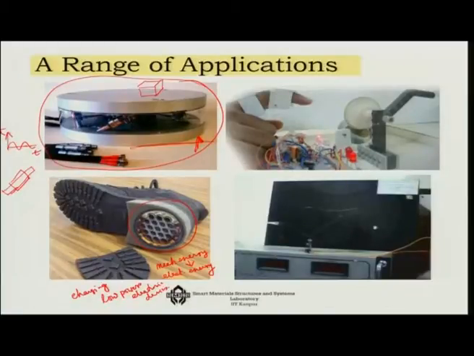For example, this one is not very clear, but it is like a butterfly wing, and if you apply temperature, you will see that this wing flaps. So you can generate a kind of insect flapping with the help of this kind of system. And here is another system, a master slave. This is a master finger.